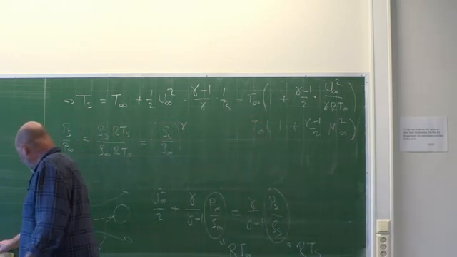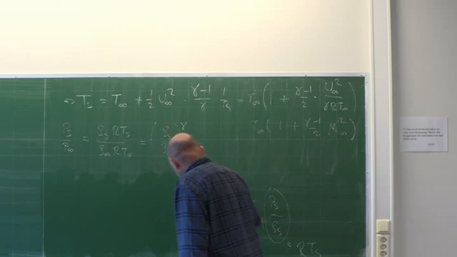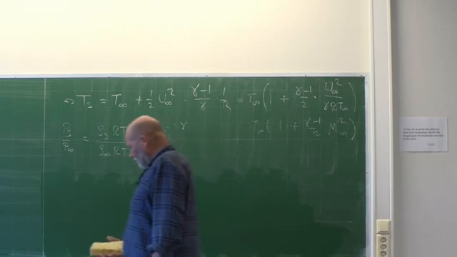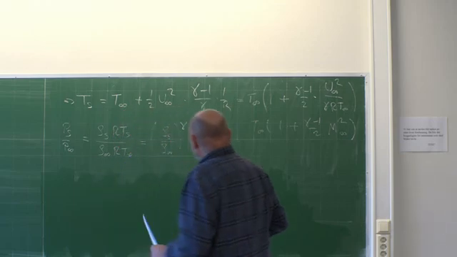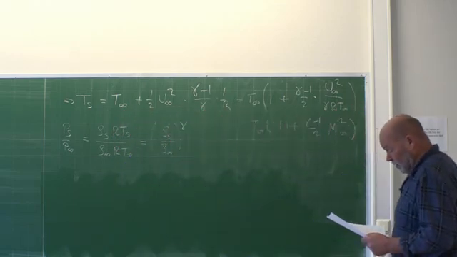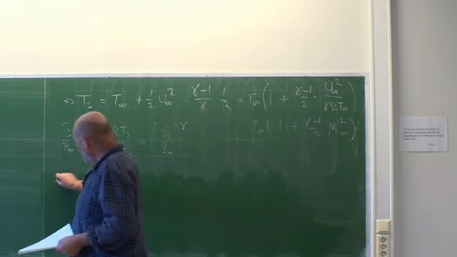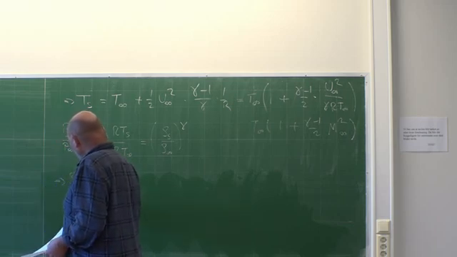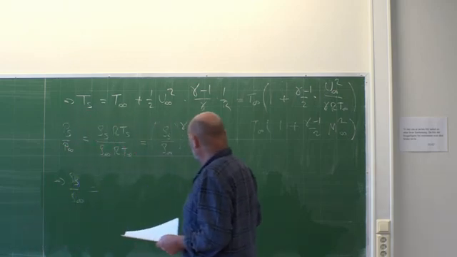I need more space. So I want rho S over rho infinity would now be equal.